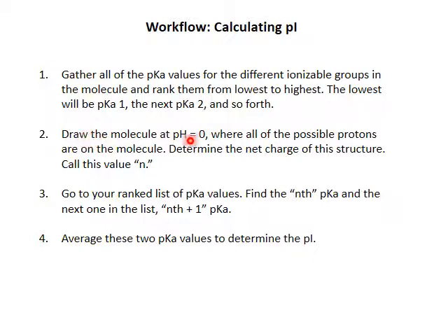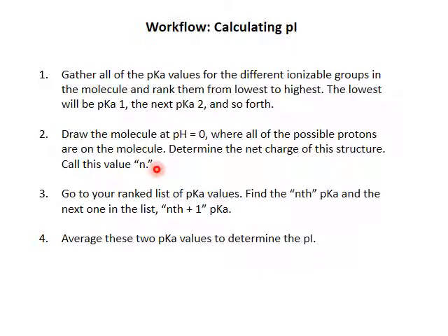The next step is to draw the molecule at the lowest pH, 0. That's where everything is protonated. Then you determine the charge on that molecule and call it N. So if it's a +4 charge, N is 4. In our preceding example, N was 2. Then look at your pKa values that you've listed from 1 to how many you have.